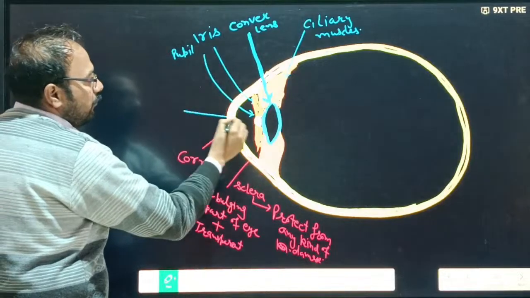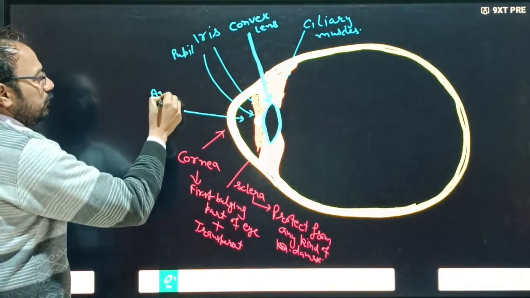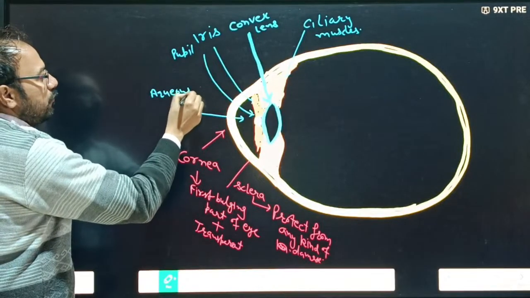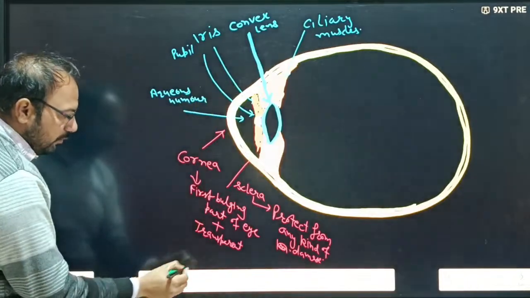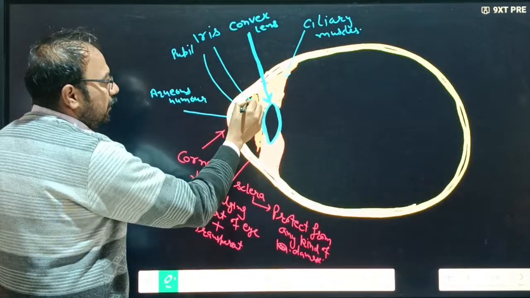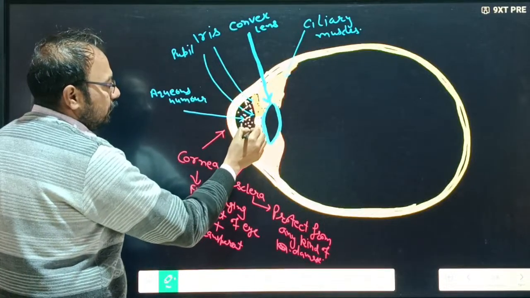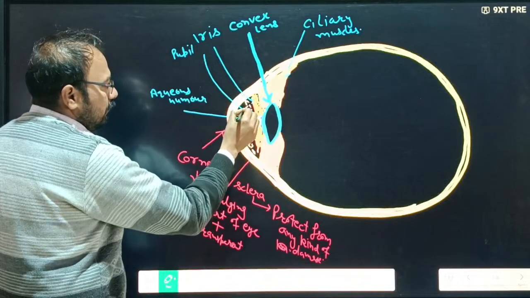Okay, and this gap contains aqueous humor. Aqueous humor. So we can make this with white color materials. Okay.